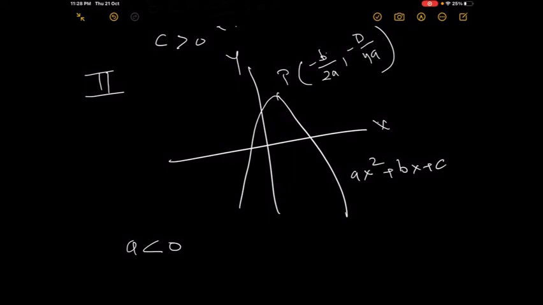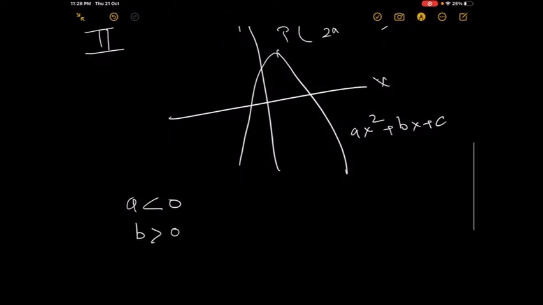Minus b by 2a is greater than 0 and a is negative, so this negative will neutralize that negative. So for a positive value of x, b should be greater than 0.